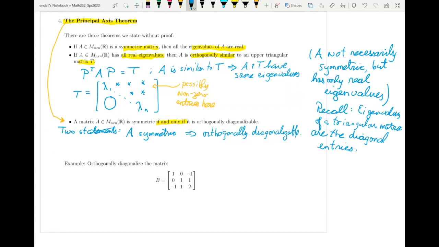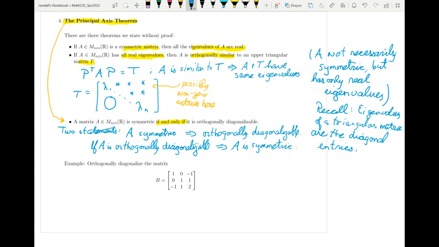And then we have the converse. So if A is orthogonally diagonalizable, then it must be symmetric. Okay, so that's what the principal axis theorem is saying.